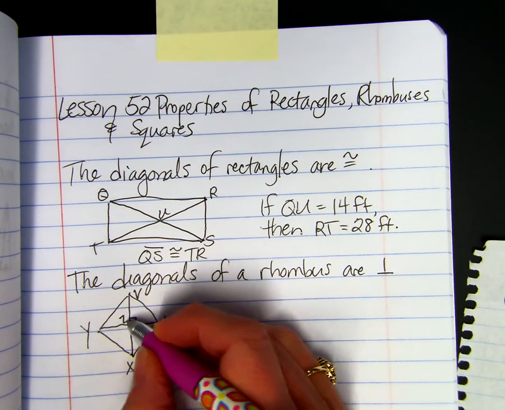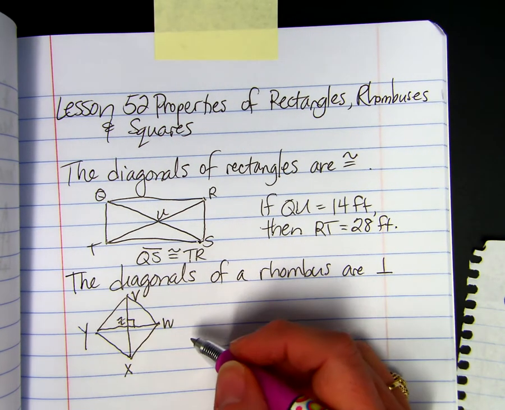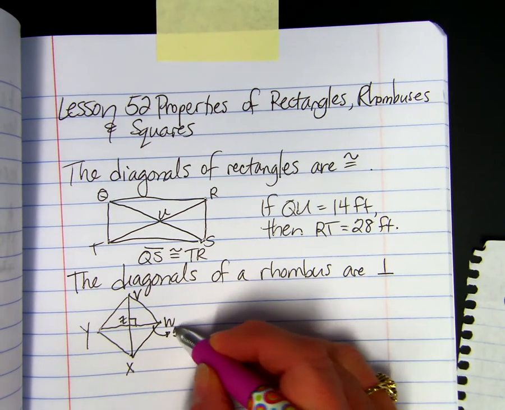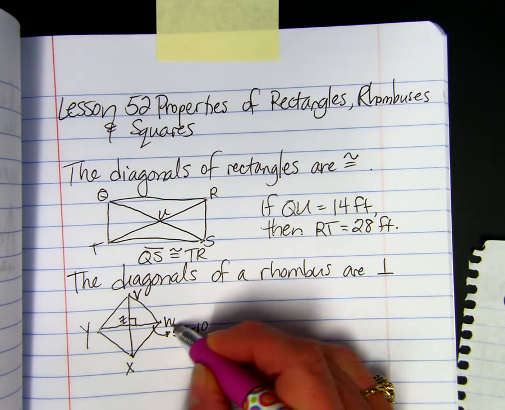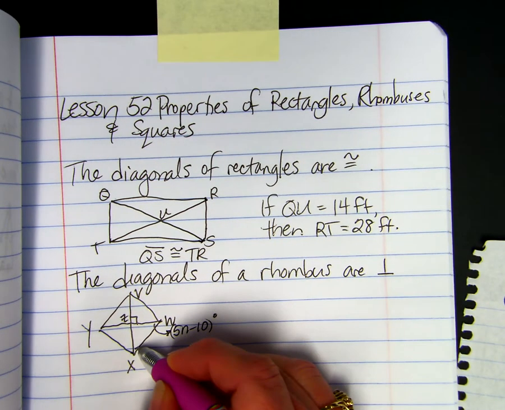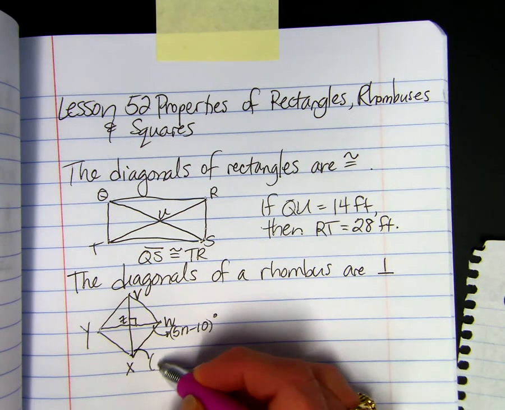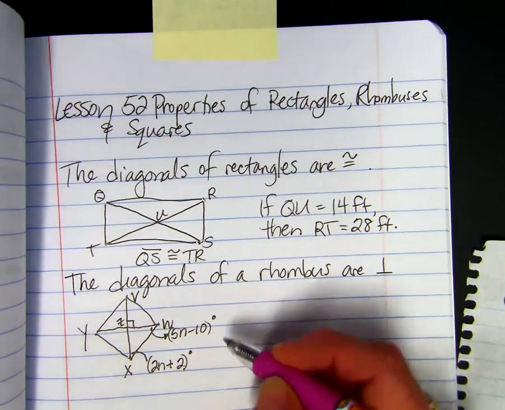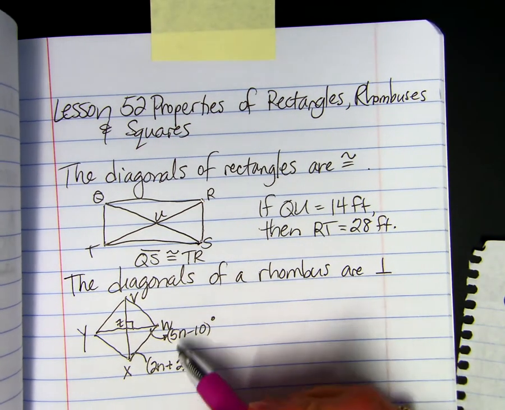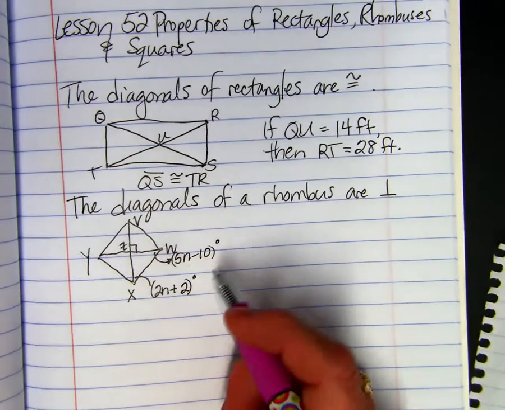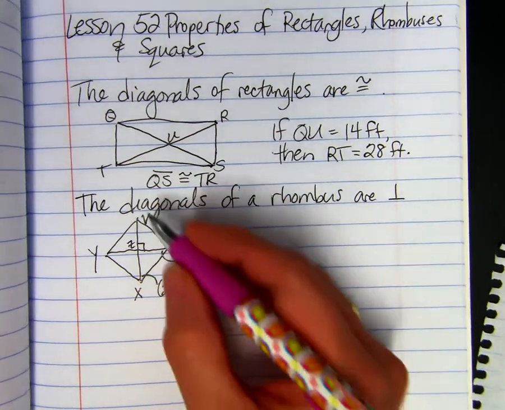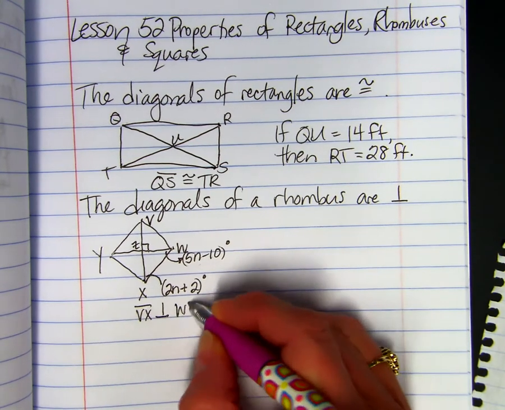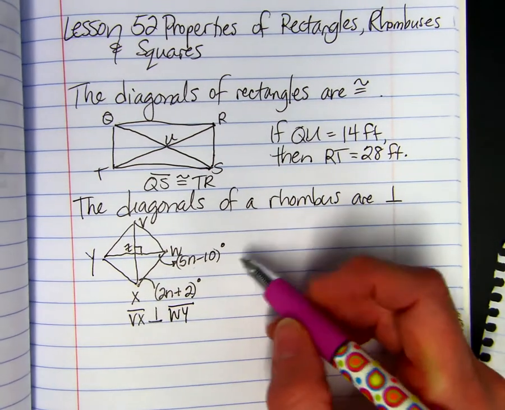And then this is a Z. Okay, so if this angle measures 5n minus 10 degrees, and this angle measures 2n plus 2 degrees, we want to find n. So before we find n, let's write down that VX is perpendicular to WY. That way I won't forget.